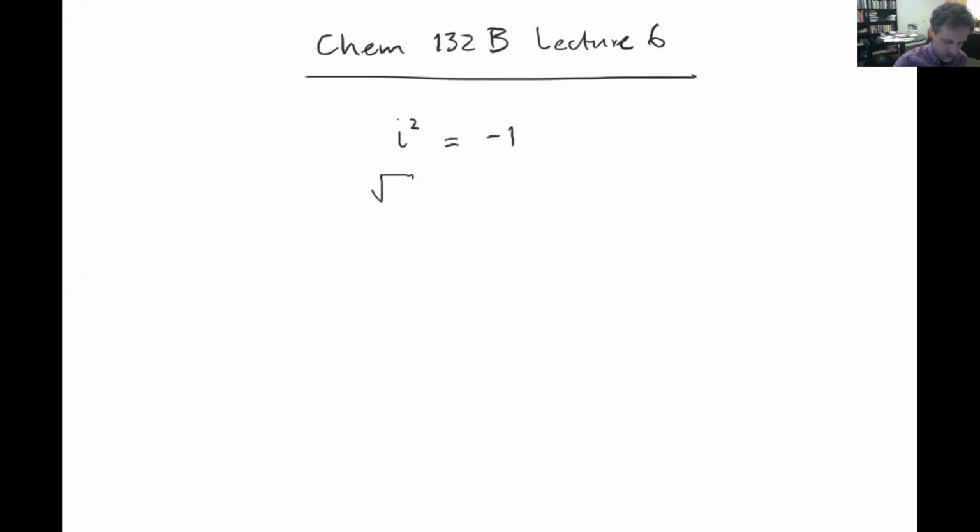If I take the square root of both sides, I see that i equals the square root of -1. Okay, so that's another definition of what i is. So that means if we encounter a negative value and we are forced to take the square root of that, we don't have to say that this is impossible. We can now work with the imaginary number i.